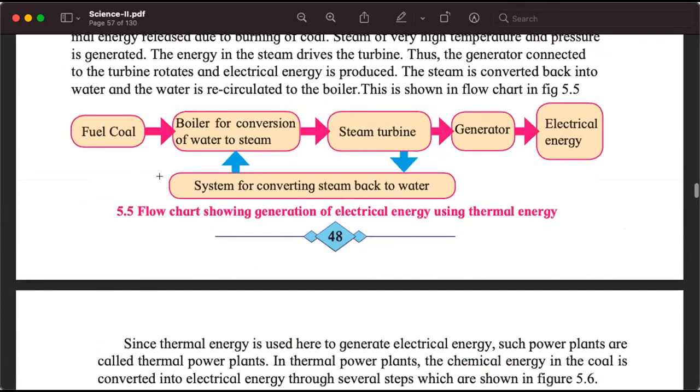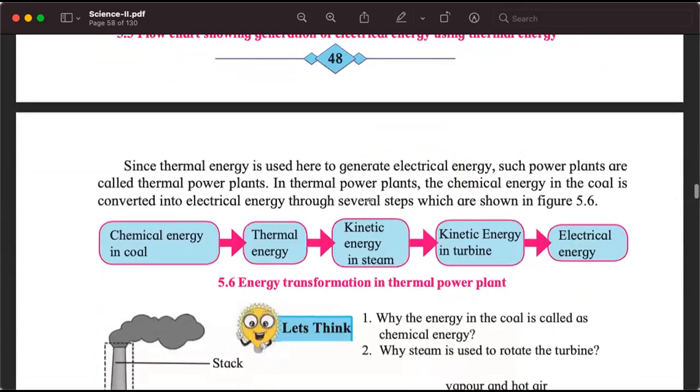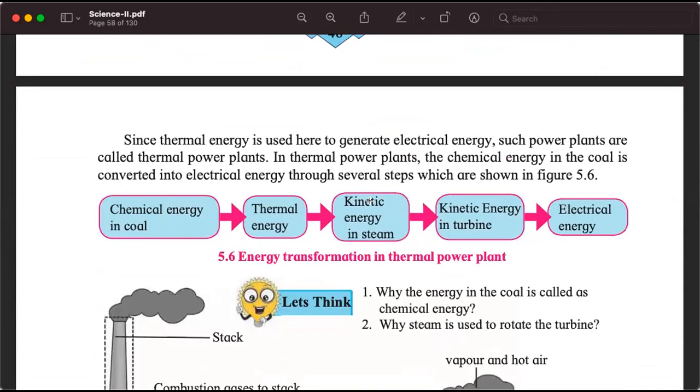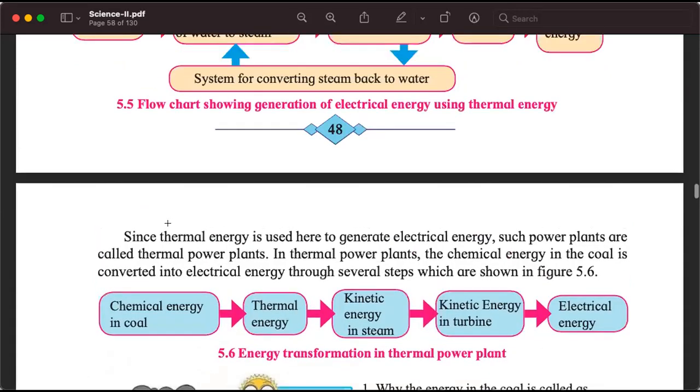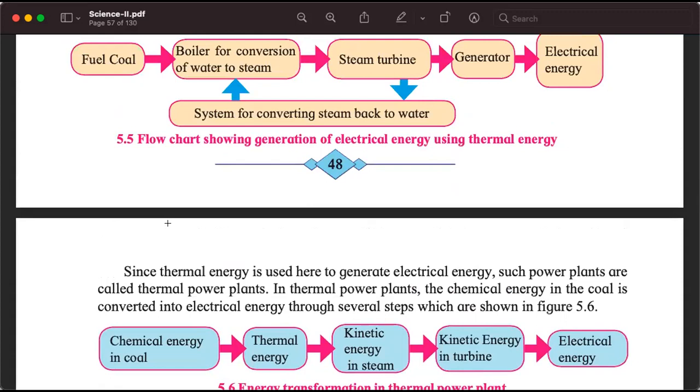So this is one type of diagram that you will see, which shows the process. The other type of diagram that you will see, in gray color, is the energy transformation diagram. These diagrams are there for each and every method explained in the textbook. They are important, both from an understanding perspective and from the exam perspective. These are asked.